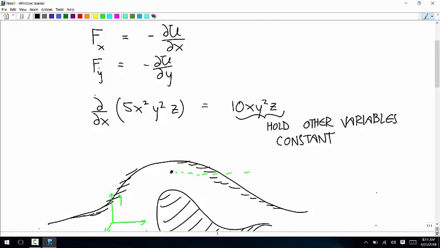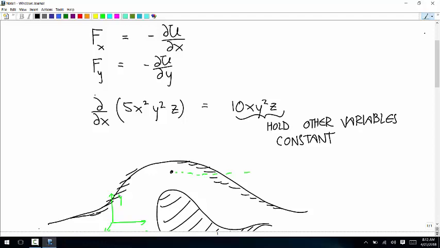But you know what that negative does? Remember that the potential energy, if the only forces acting on something are a potential energy field, and the thing starts at rest, the thing always goes to a lower potential energy.